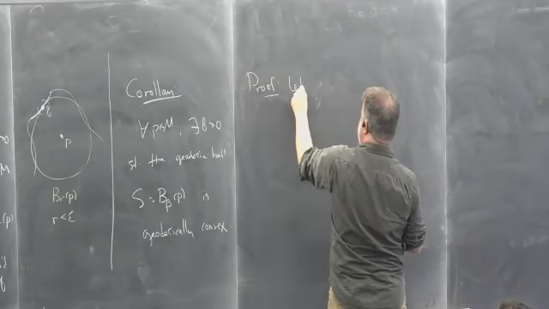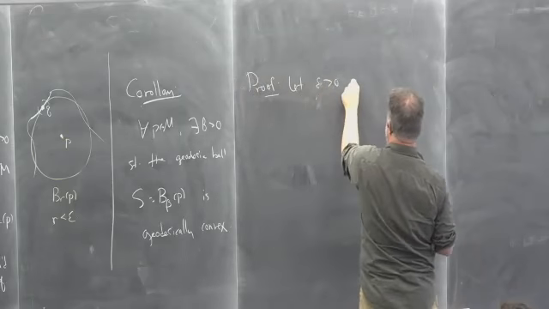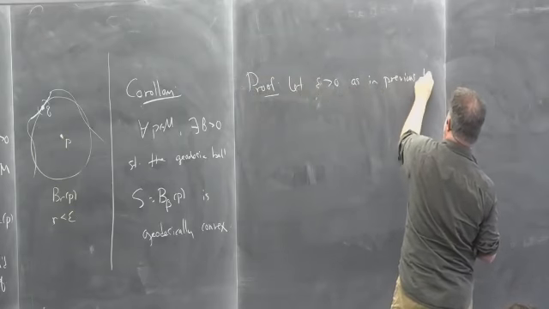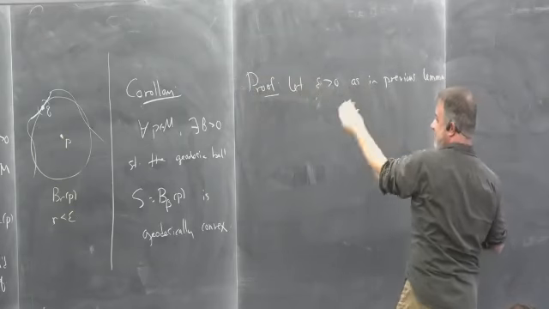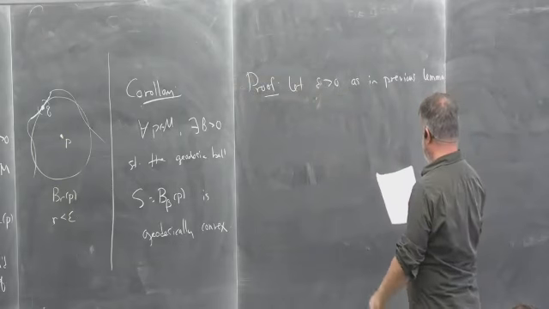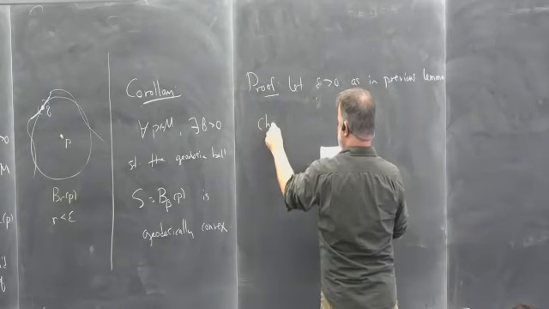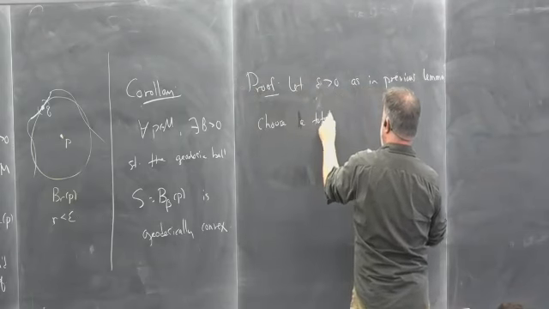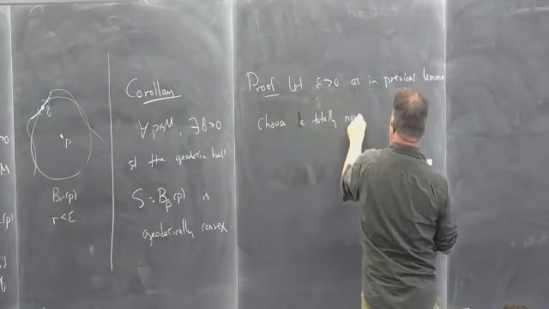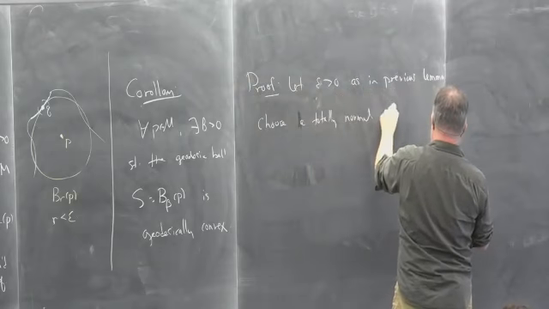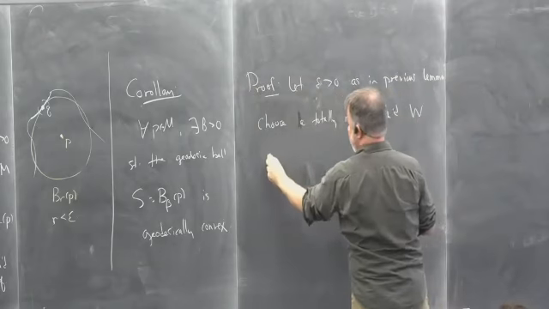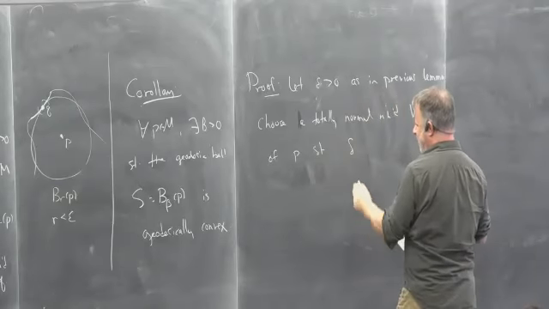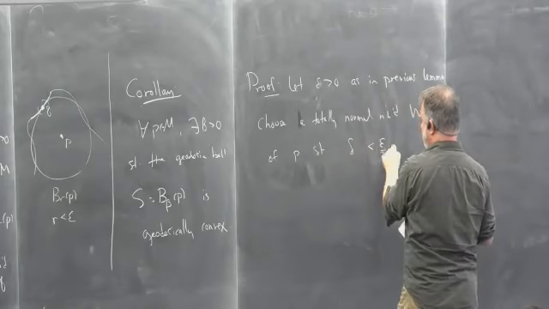So first, let epsilon be positive, as in the previous lemma. The previous lemma says that for every point, there exists some epsilon. It depends on the point. Now choose a totally normal neighborhood W of P such that the delta in the totally normal neighborhood is less than epsilon over 2.